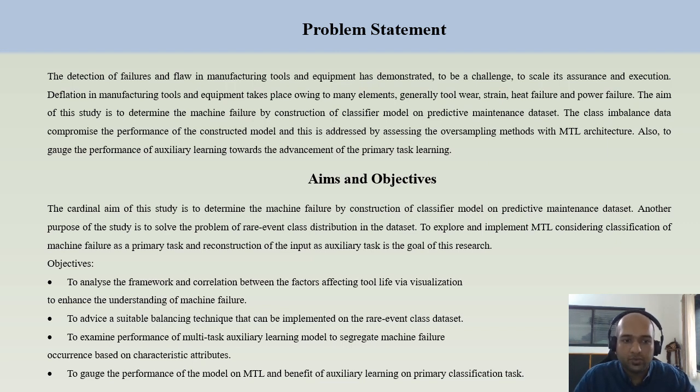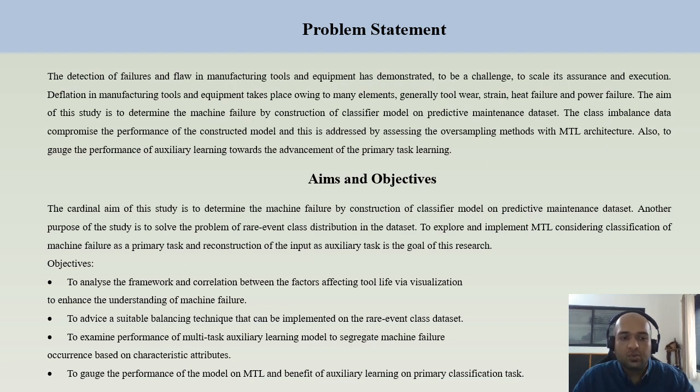We have defined some objectives for this. First, to analyze the framework and correlation between factors affecting tool life via visualization to enhance the understanding of machine failure. Next, to advance the suitable balancing technique that can be implemented on a rare event class dataset.